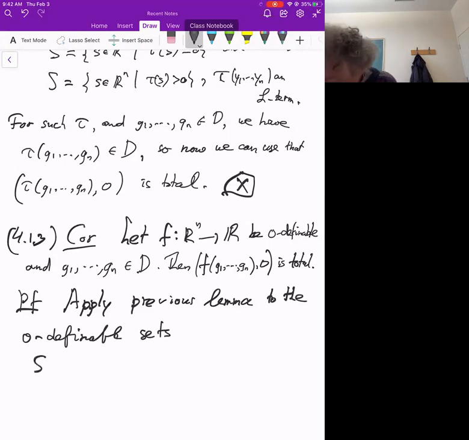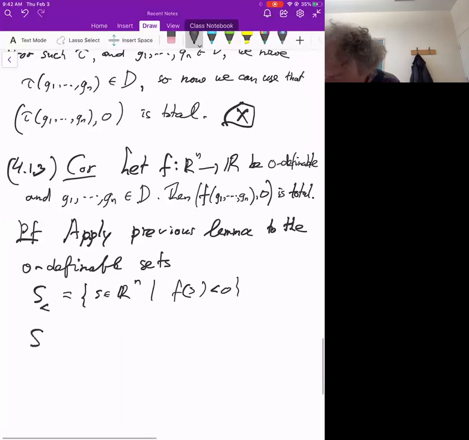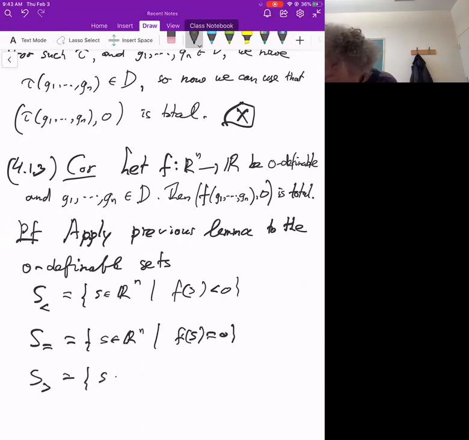Well, the first set being the set of all points in R^n where f is less than 0, then the set of all points where f(s) is 0, and the set of all points in R^n where f(s) is greater than 0.